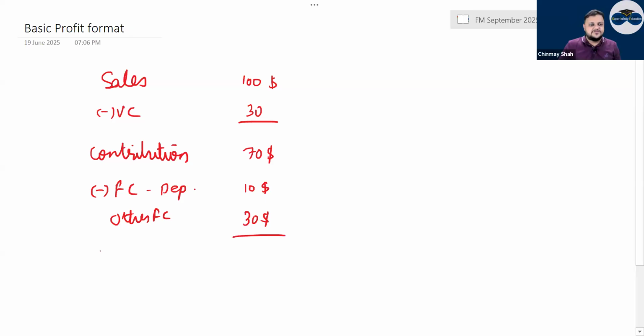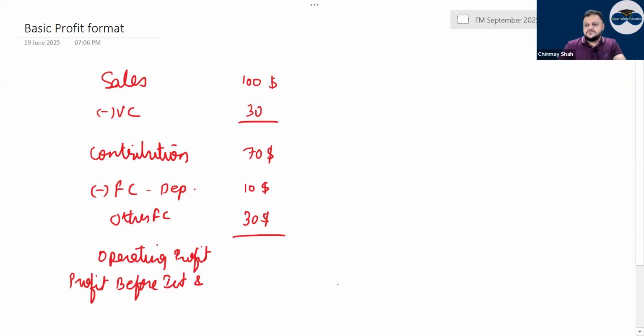So this gives rise to PBIT, or it is also called operating profit. Operating profit is also called profit before interest and tax, PBIT.